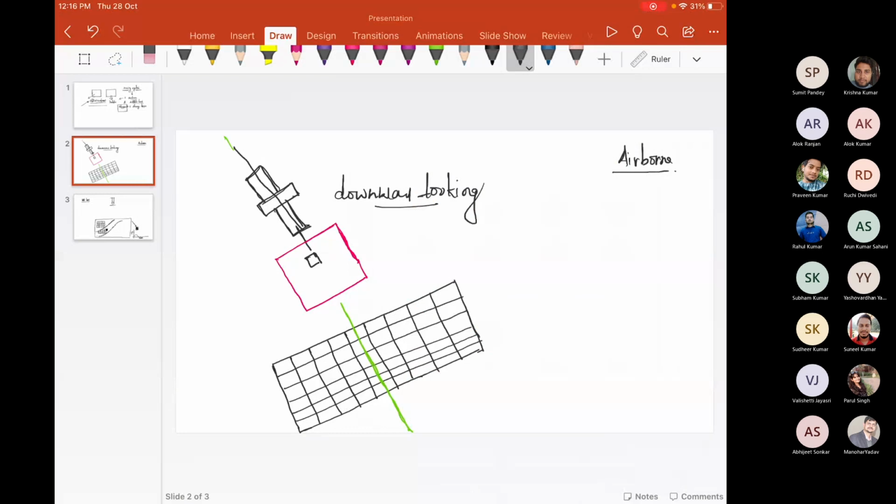Let's say this is the detector, and just below the detector we have the optical system, the optics.